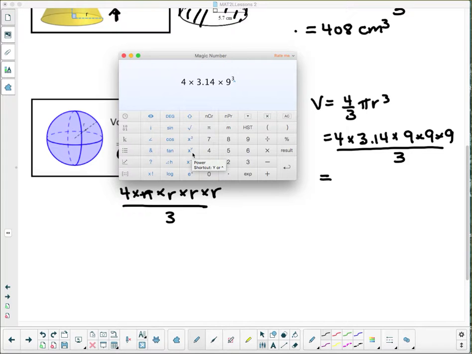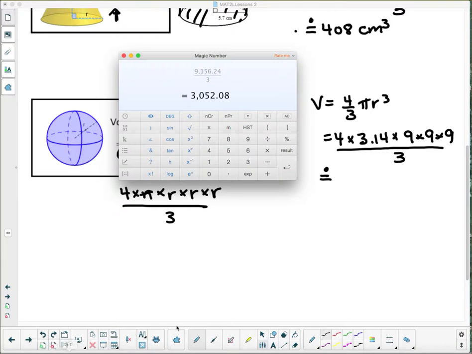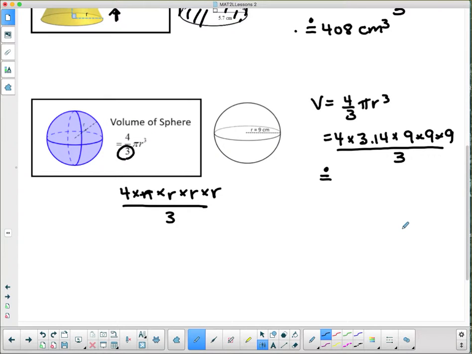If you don't have a calculator with that button, you can just type in 9 times 9 times 9. I'm going to hit equals, and then this gets divided by the 3 that's on the bottom. So 3052 approximately. Now put a dot over top of there to mean approximately. So 3052, and this is in centimeters, so centimeters cubed. And that's our lesson for the day.